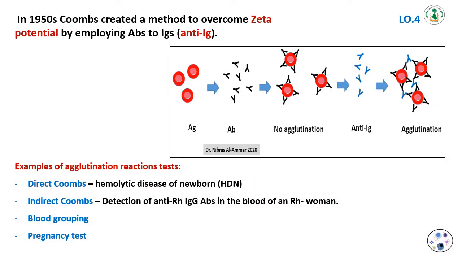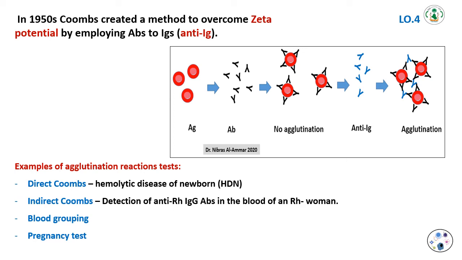In the 1950s, Coombs created a method to overcome zeta potential by employing antibodies to immunoglobulin, anti-immunoglobulin. Here in this diagram, we have RBCs as antigen and antibody.